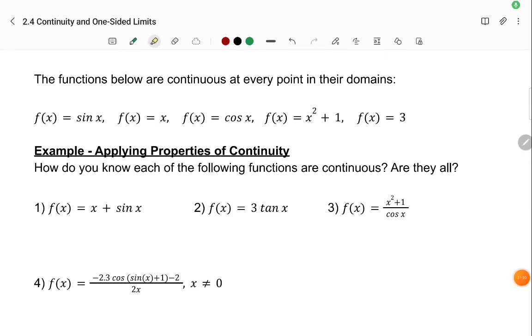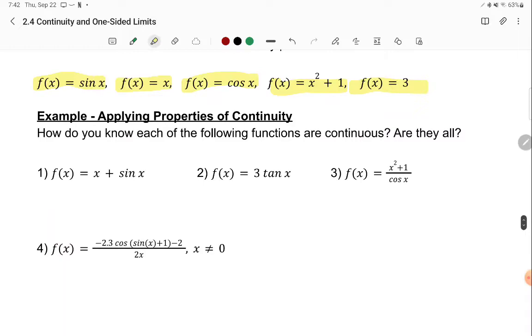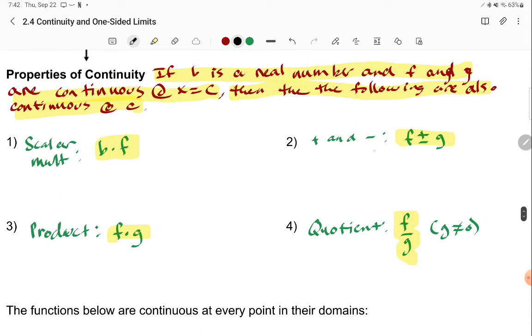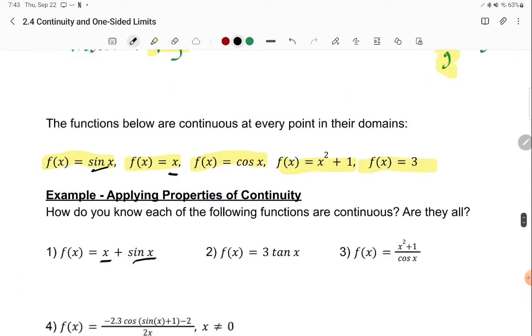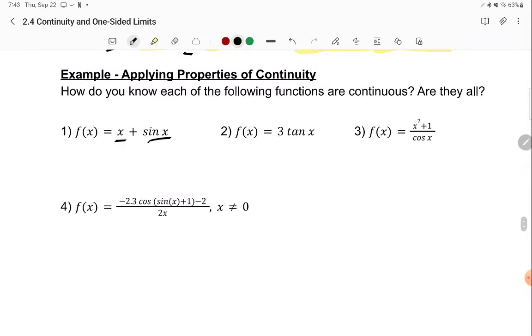So on this next set of examples, you're using the fact that each one of these is continuous on its domain to answer the questions below using the properties above. So for example, on number 1, and that's probably the easiest one, so you're welcome, you have x plus sine of x. x I know is continuous, sine of x I know is continuous, and because of the sum and difference rule up here, meaning if I add two continuous functions, my resulting function is also continuous, I know that that too is continuous.